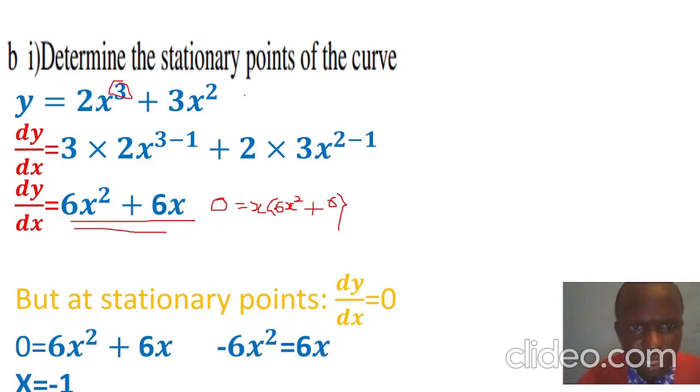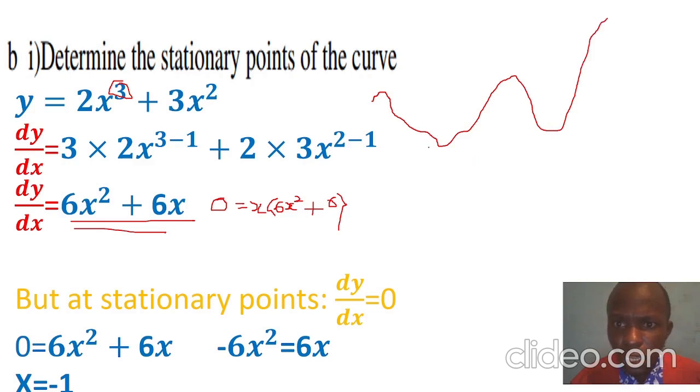And in most cases, a cubic equation assumes this kind of shape. It has got 2 turning points. So after having that rough idea, we know that this kind of equation might have 2 stationary points. And one of them has already been found.